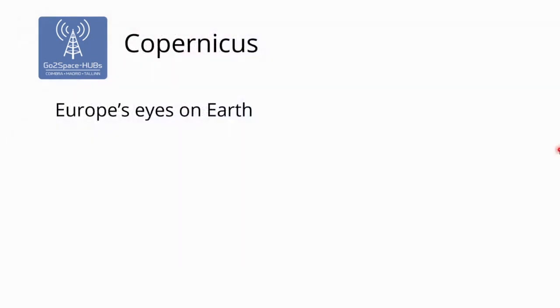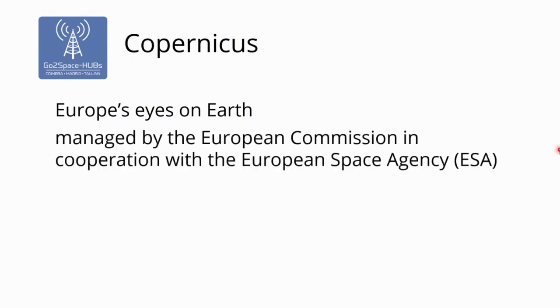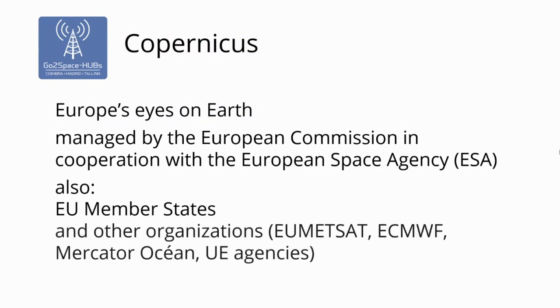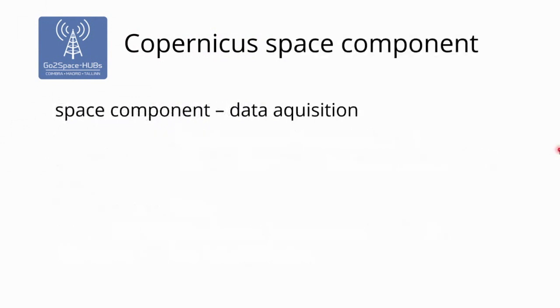Okay, we call it Europe's eyes on Earth, and actually it is what it is. That's a program managed by the European Commission together with the European Space Agency and all the European Union member states and some other European organizations, listed there.